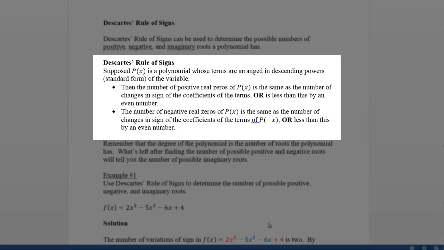So obviously if we had 3 possible positive roots, or 2 possible positive roots, and we took 2 of those away, those 2 possibilities then go to the imaginary parts.